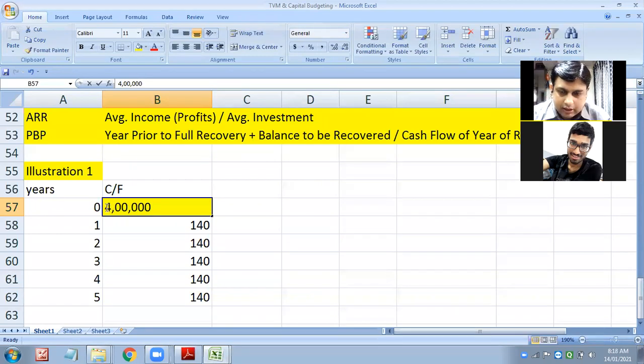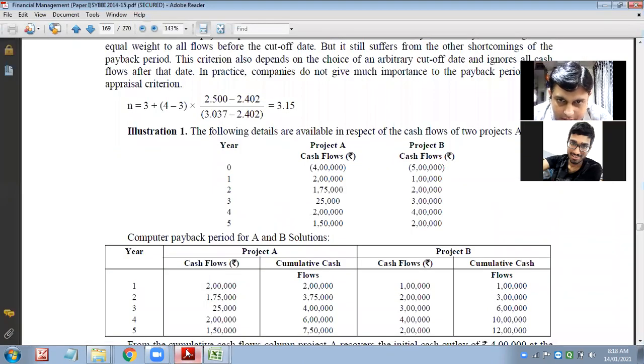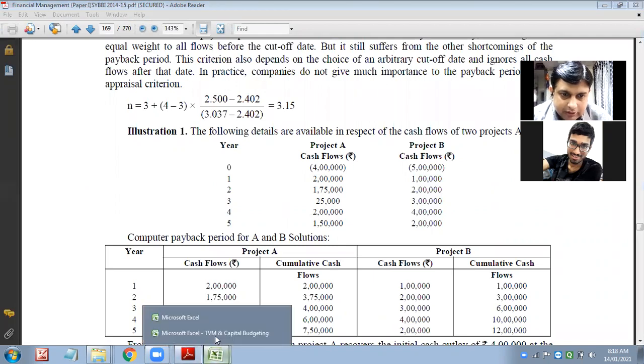I want negative 4 lakhs. Then in the first year, 2 lakhs, 2 lakh, 1 lakh 75,000, 25,000.